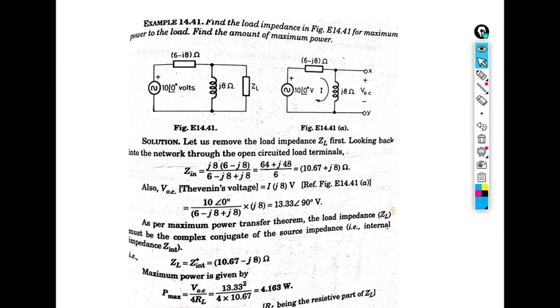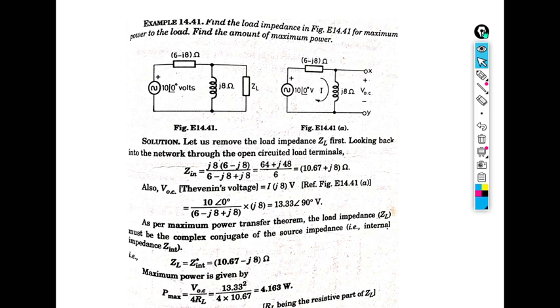Maximum power transfer theorem. In this theorem I already mentioned different conditions. If we know the load resistance and the source impedance, then we can find out when the maximum power will be transferred.